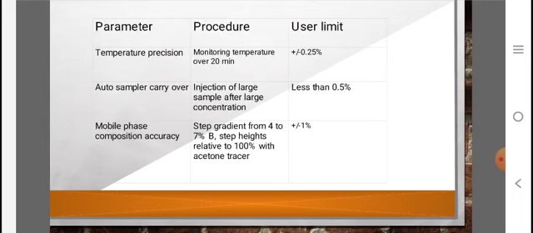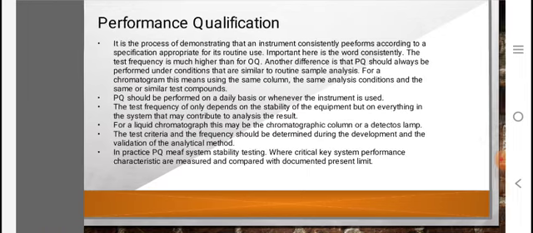The other parameters and procedures with limits are temperature precision, autosampler carryover, mobile phase composition accuracy. They should be within the limits and the standard procedures should be followed.